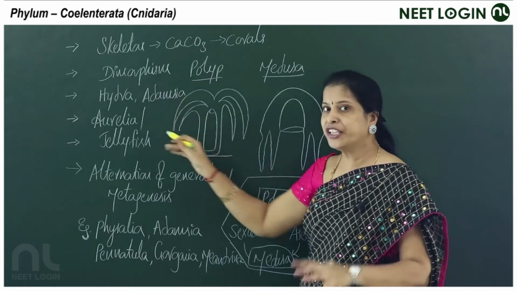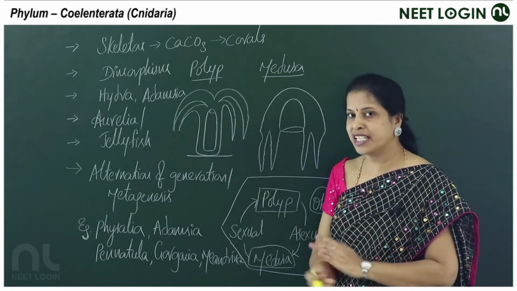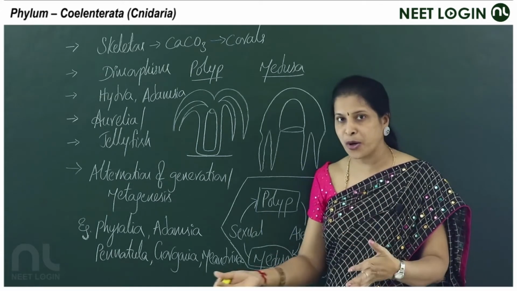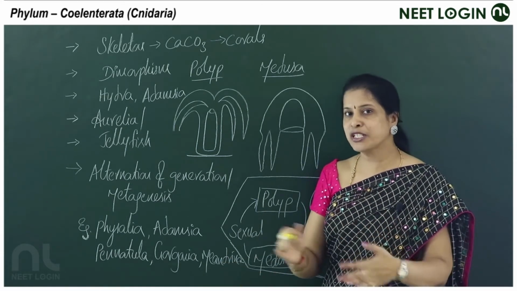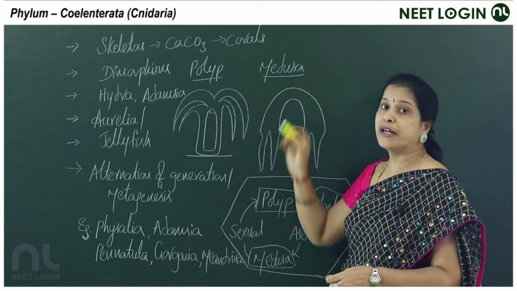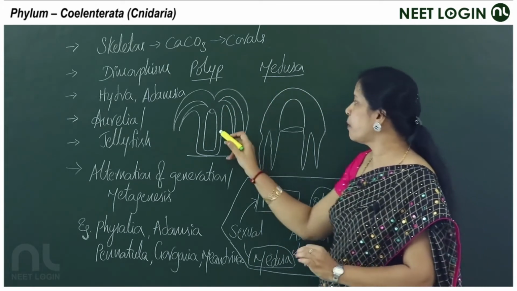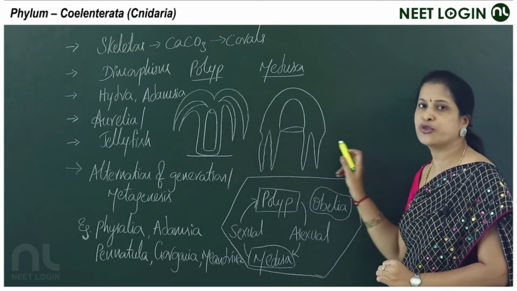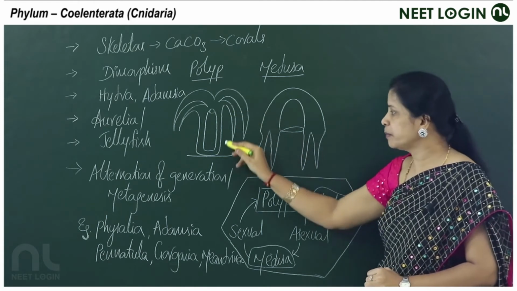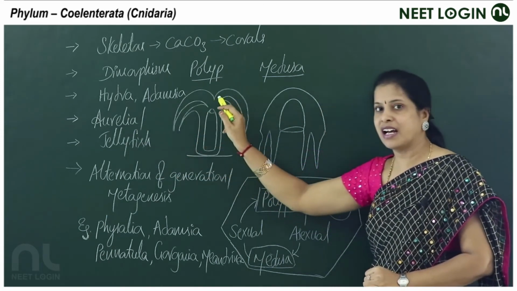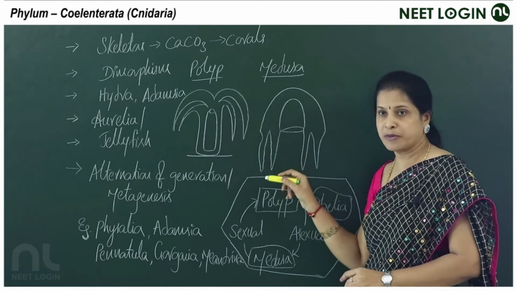Coming to the very unique feature of the phylum Cnidaria, they exhibit dimorphism, di meaning two morphoforms. The cnidarians exhibit two forms. One is the polyp stage, the other is the medusa stage. What is this polyp and medusa? You can see the difference between these two pictures. The polyp, good examples like Hydra and Adamsia, these are polyp forms.